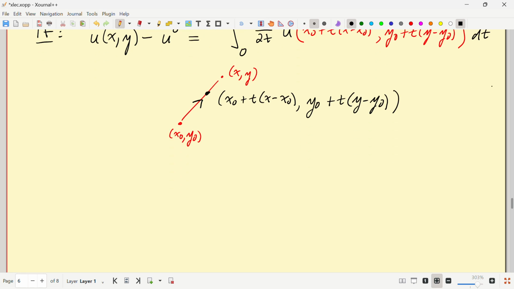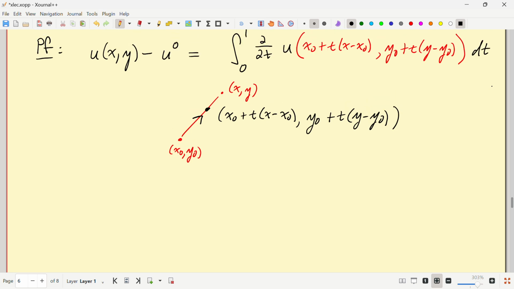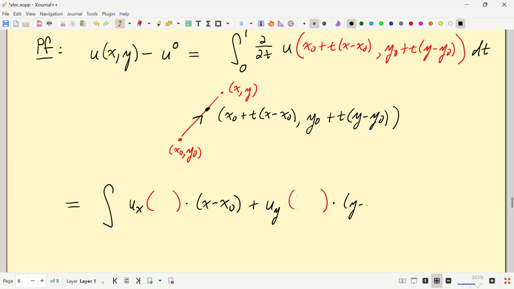Then when I do the chain rule, I would see that this is equal to the integral of du/dx at the red stuff, times x minus x naught, plus du/dy at the red stuff, times y minus y naught, dt.